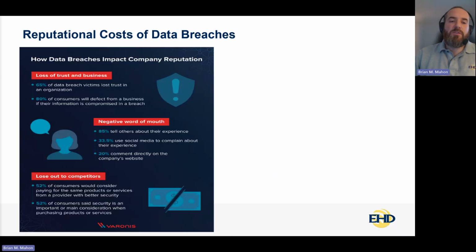Reputational costs of a data breach, right? When these things happen, a lot of times there's a lot of work done by PR professionals to keep your name out of the news. Publicly traded companies don't have that luxury, but just the impact of that, right? I mean, 85% of people tell others about negative experiences.